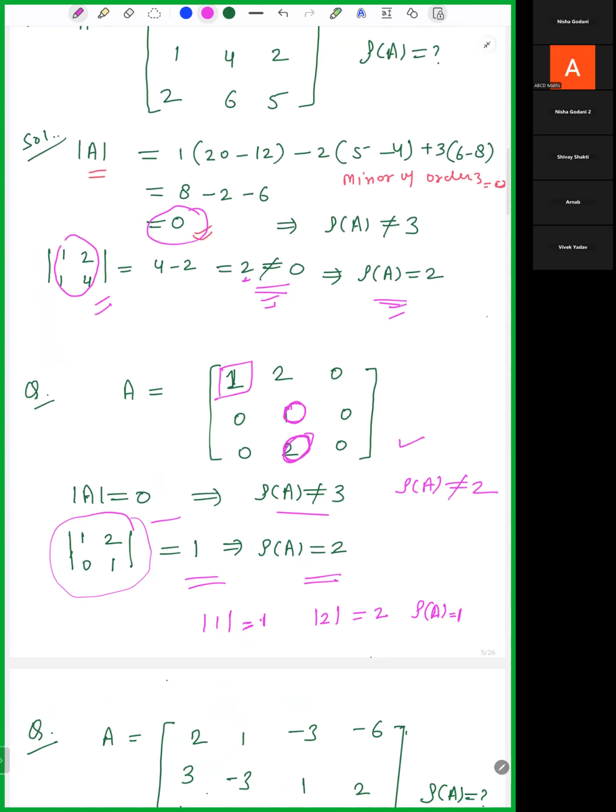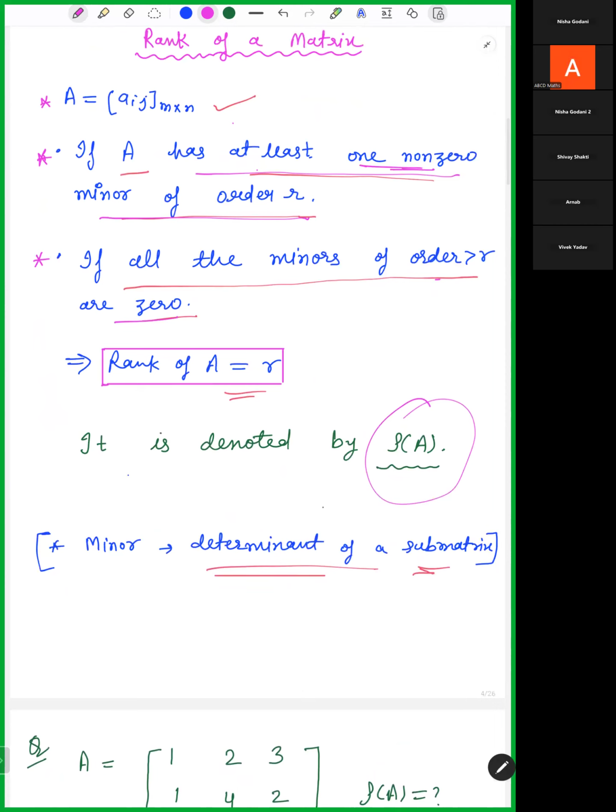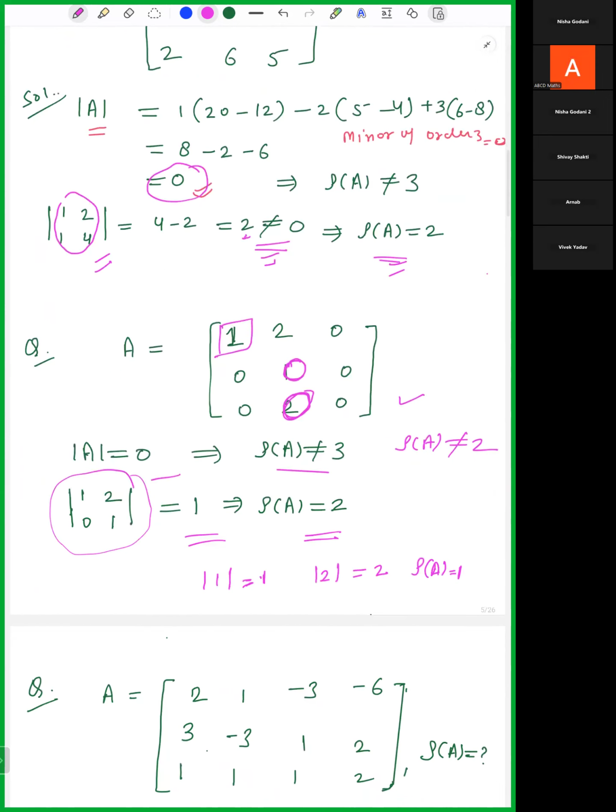The definition is that there is at least one non-zero minor of order R and all the minors of order greater than R are 0. Since I have made these entries 0, there is only a non-zero minor of order 1, and all the minors of order greater than 1, meaning order 2 or order 3, are 0.